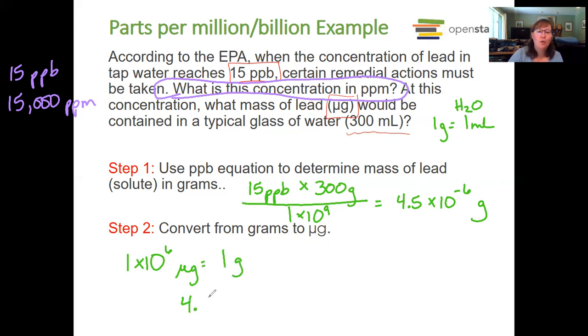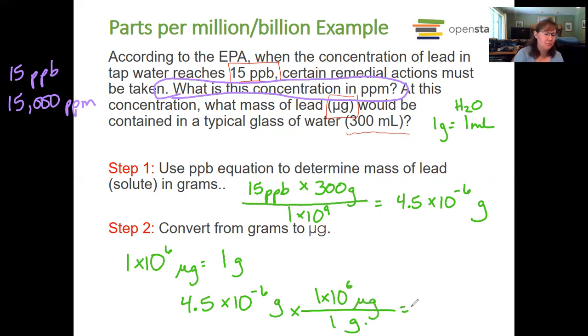So if we have 4.5 times 10 to the negative 6th grams times 1 times 10 to the 6th micrograms, with 1 gram on the bottom to cancel those out, we get 4.5 micrograms. I stuck with 2 significant figures because the 15 parts per billion had 2 significant figures.